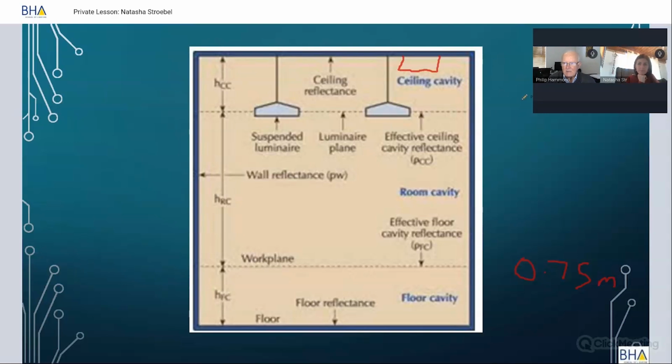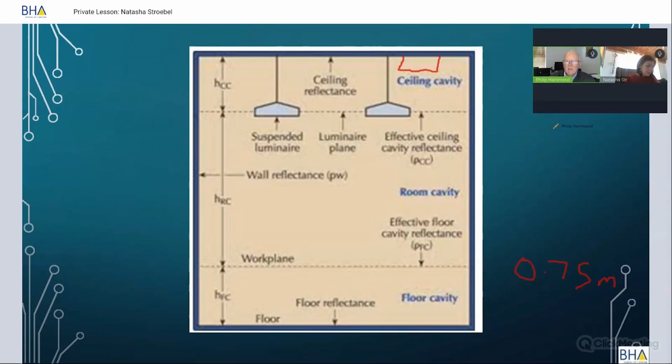Because we measure the ceiling cavity, that's where the light comes out. So we're only interested where the light comes out. So therefore, the ceiling cavity, where there's no light, would be 7 centimeters.